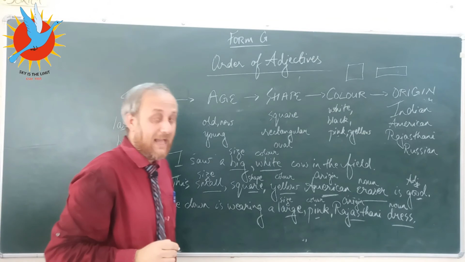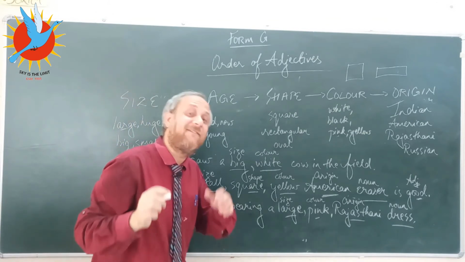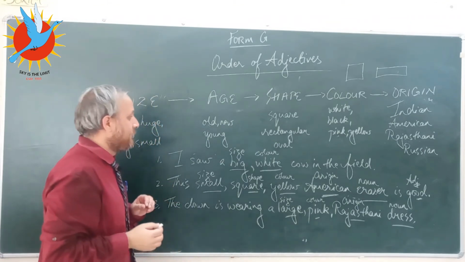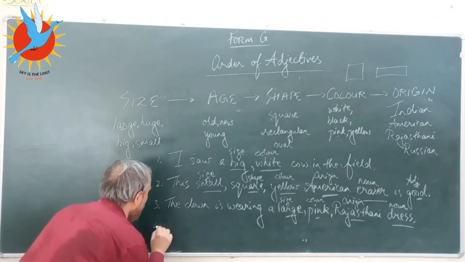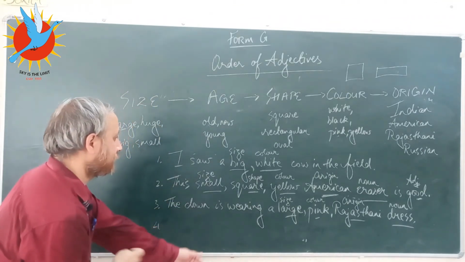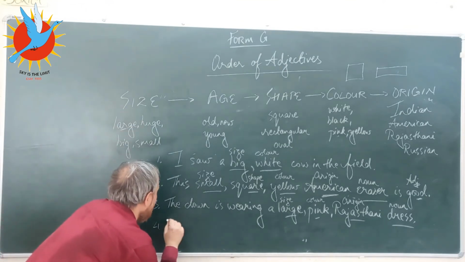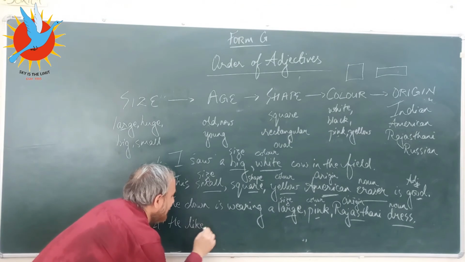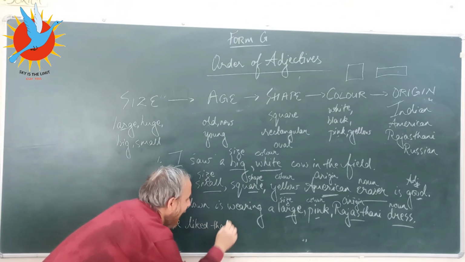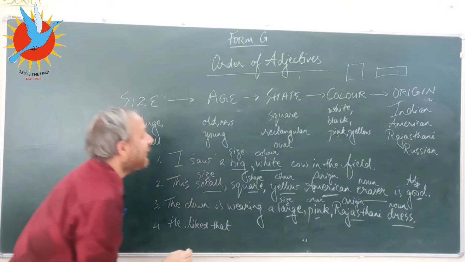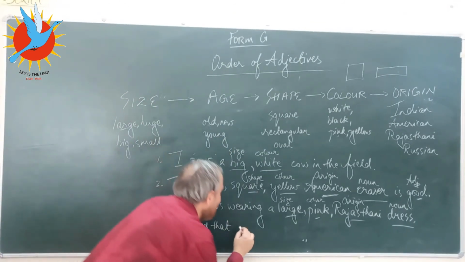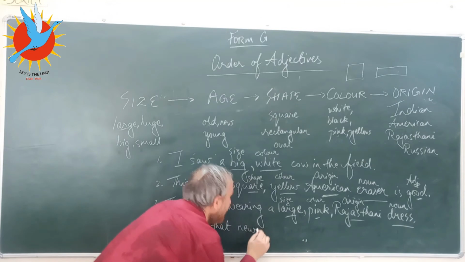Okay? Now I will write the last sentence for you on the board. Okay, fine. So the fourth sentence. Okay, let's say he liked that. Okay, fine. So let's take an adjective of age. He liked that new.